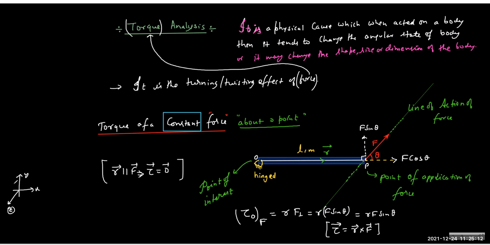So the idea is the torque gives you the sense of rotation about an axis. Which axis it is turning about, you get that idea. So when I get the torque along the z axis, then I know my body is actually turning in the xy plane. That's the meaning. If I say the torque is along i cap, then you need to realize that the body is turning in the yz plane.